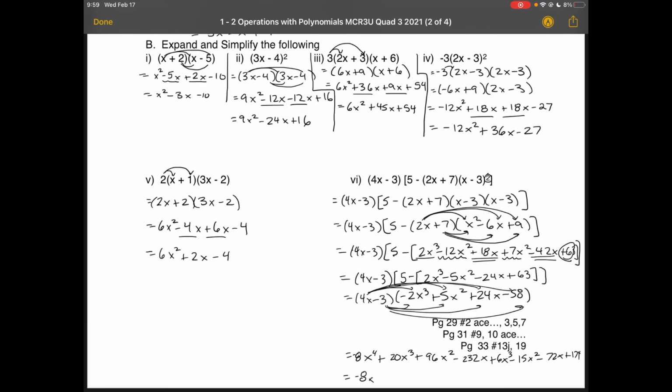Finally, consolidating all our like terms, minus x to the 4 plus 26x cubed plus 81x squared minus 304x plus 174. You should be comfortable expanding and simplifying those types of expressions.